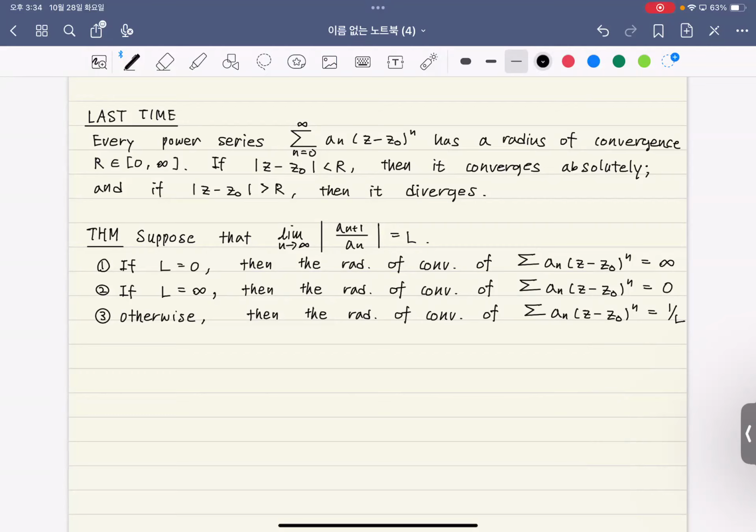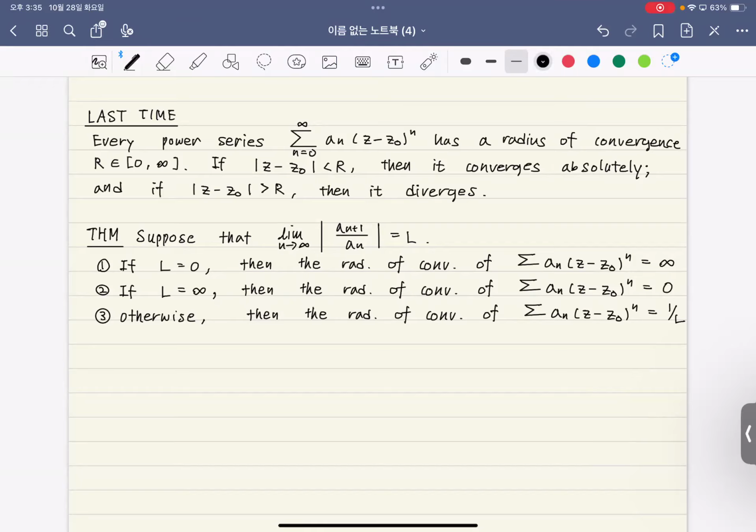The radius of convergence can be found by using the ratio test. This we also discussed in our previous class. Suppose that the limit of this number exists. Then L must be greater than or equal to 0.